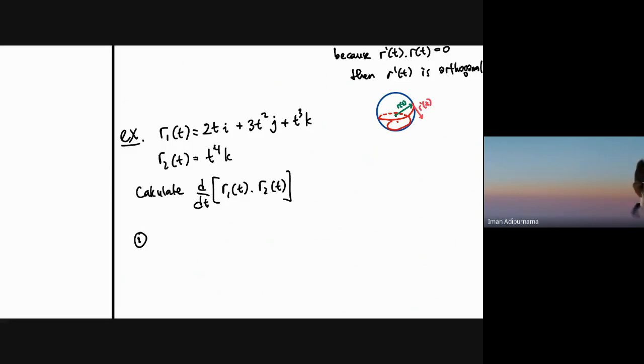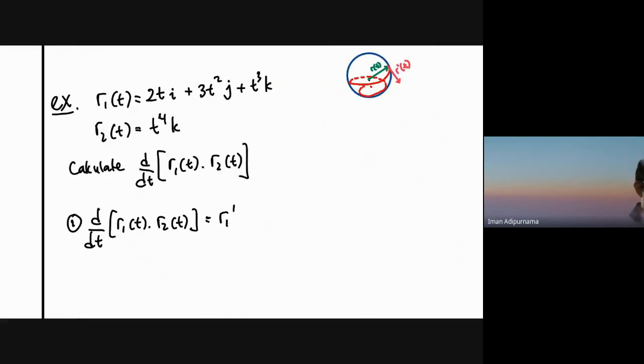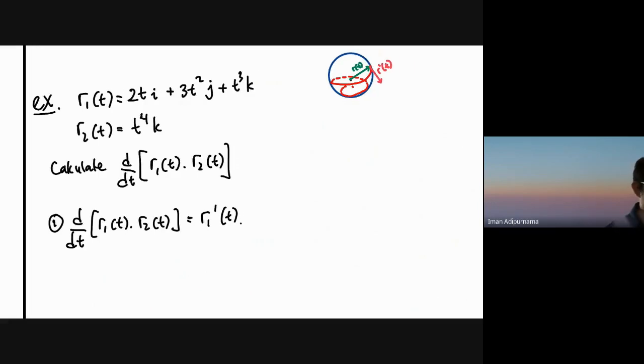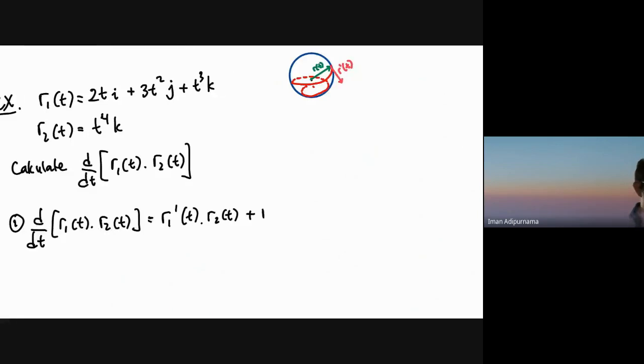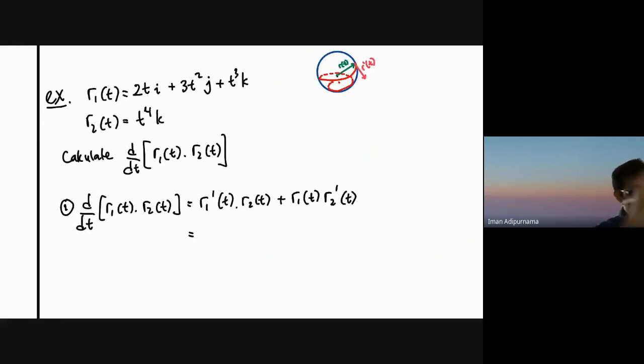Okay, let's say you want to break down this dot product and expand into the product rule here. So let's write this dot. Okay, maybe we can calculate the R1 and R2.